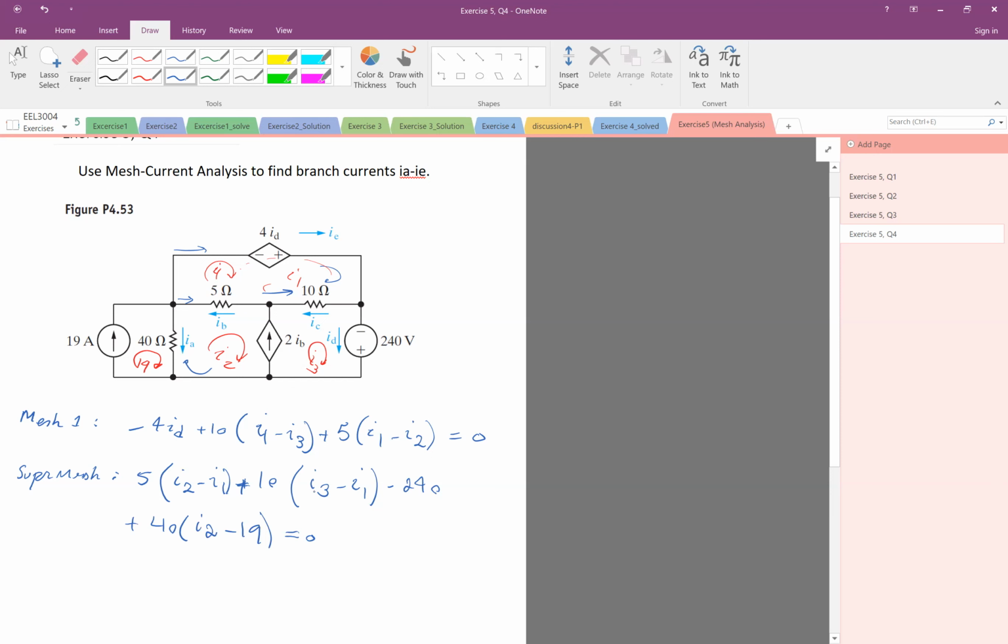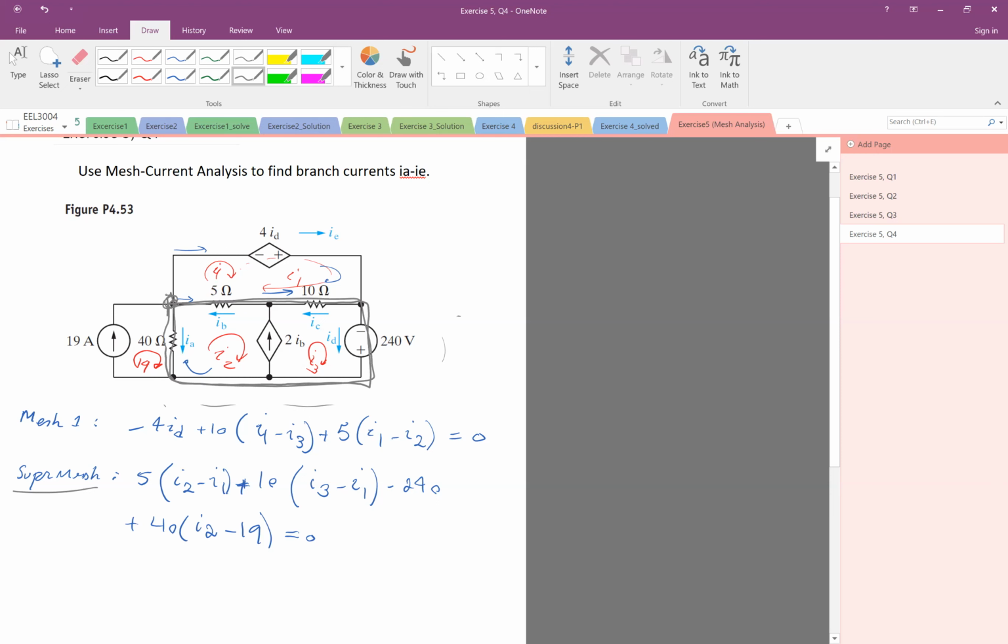So first equation, second equation. And let me see if I can mark the super mesh. So this was the super mesh. The super mesh started from here all the way here.